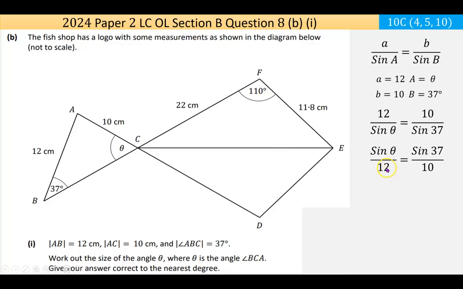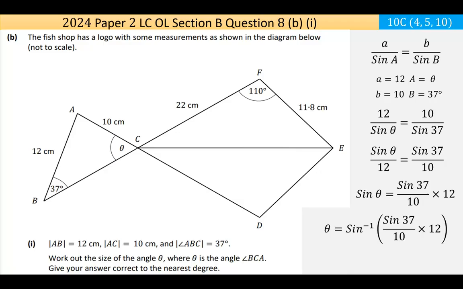Now I need to get rid of the 12 because I want to isolate theta. So the 12 here is being divided on the left-hand side. When it moves across to the far side, it'll do the opposite operation. It'll multiply by everything on the far side. Now, this is just a number, but I'm not going to worry necessarily about converting that yet. I can leave that as just one big block of things. I'll worry about what that is later.